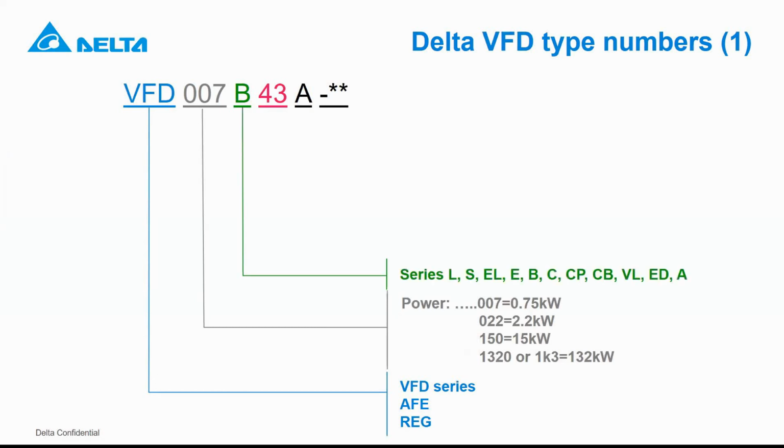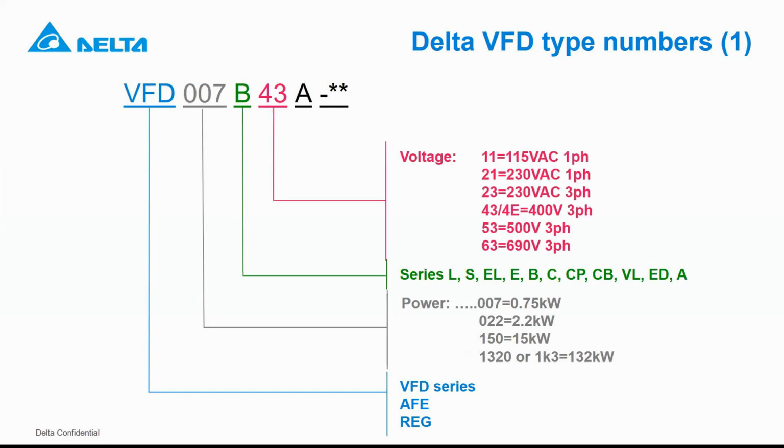Then you have the drive series, and you have quite a lot of different drive series. Then you have the voltage, in this case 4.3 stands for 400 volt and 3 phase. And finally, you have the hardware version. We always start with A, but if there is any update, then you get other letters.